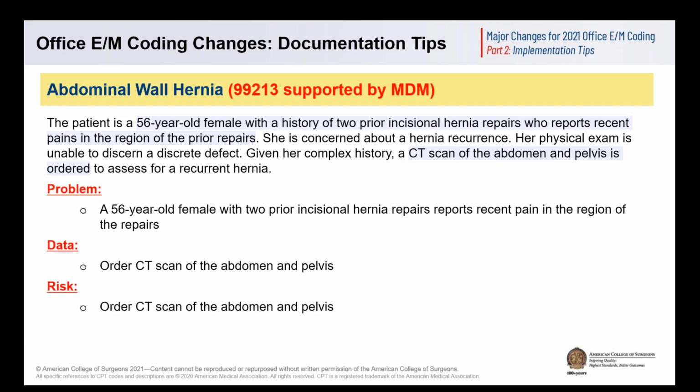Thank you, Dr. Barney. This is Don Selzer, and I would just like to orient everybody because this is going to be a slide type that you're going to see several times over the course of this presentation. There are examples that come from 5 different areas. We're going to start off with abdominal wall hernia.